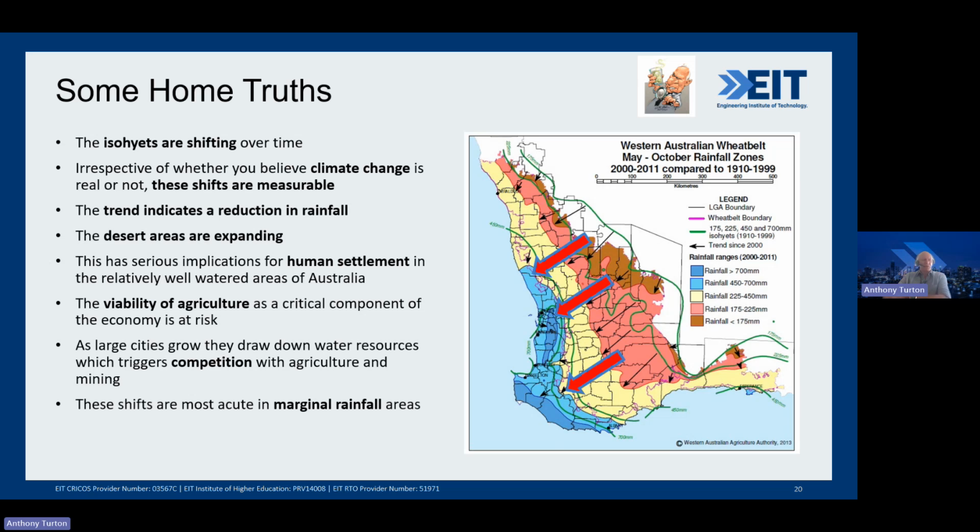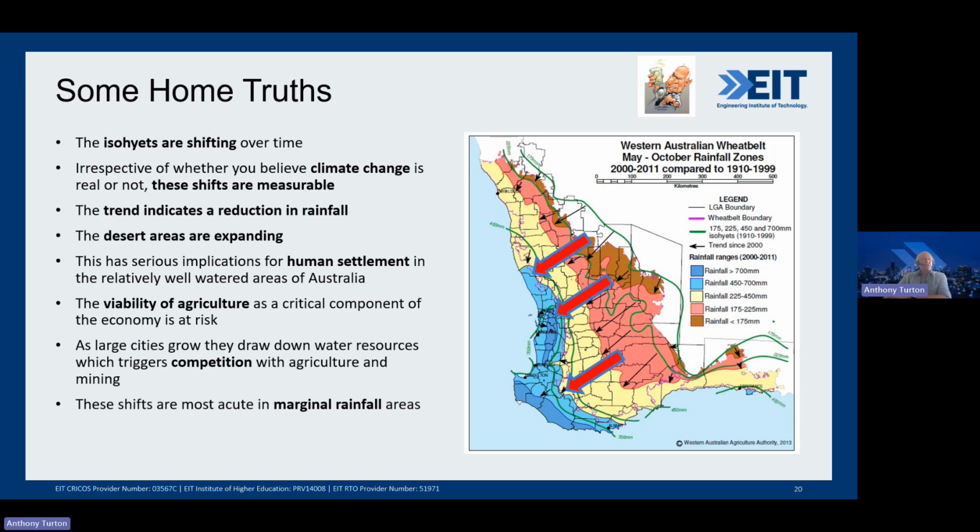Rainfall patterns start changing. So the important thing is that those isohyets are shifting from east to west, and with that, they're squeezing the population into a narrow strip along the coastal area, and this has very, very important engineering problems.